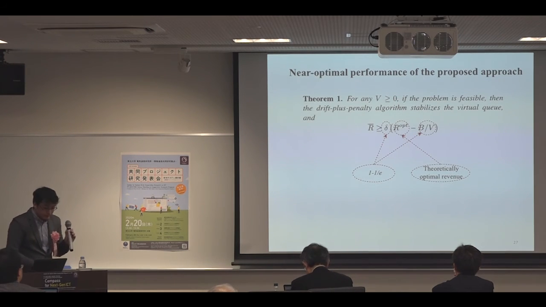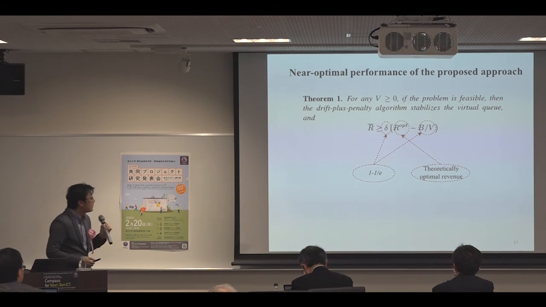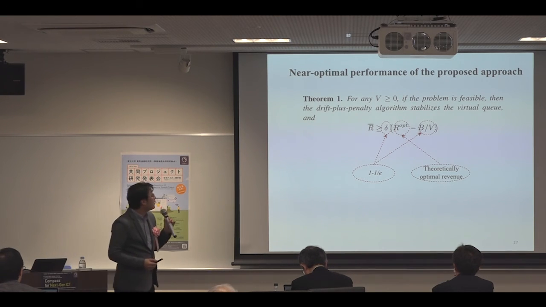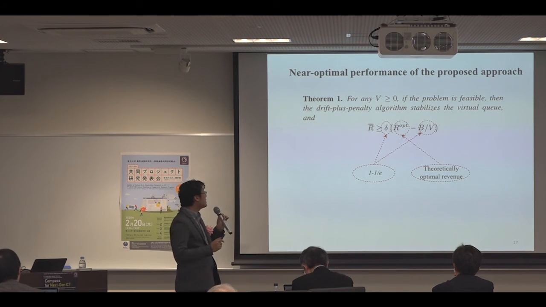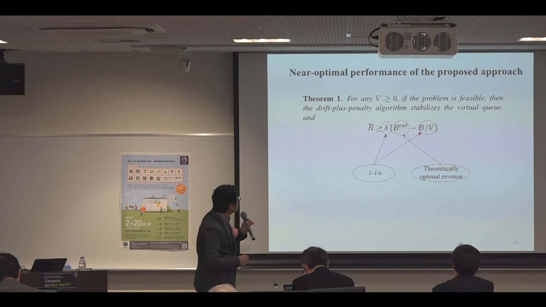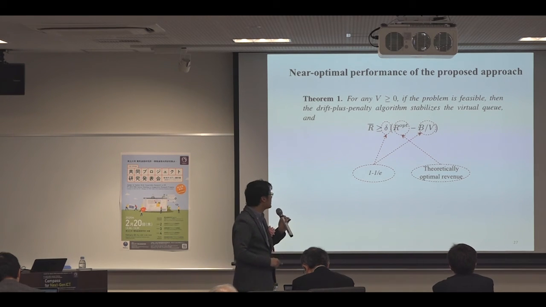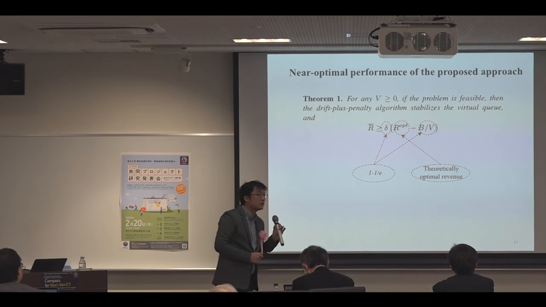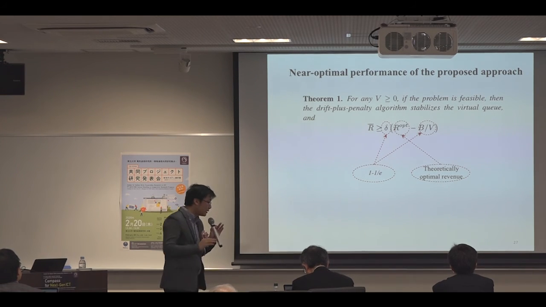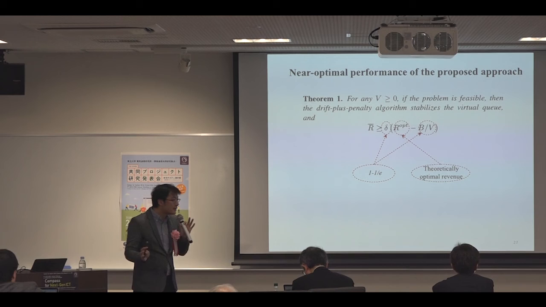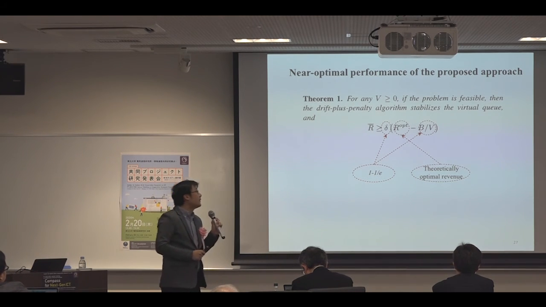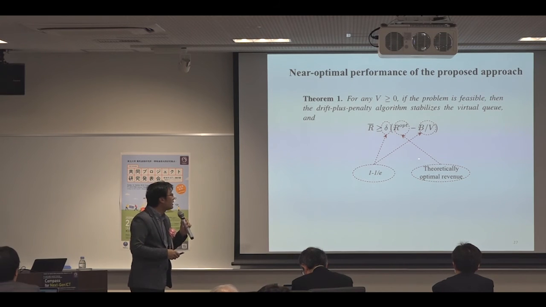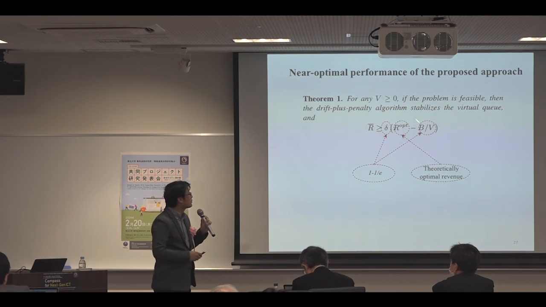This is the performance of our algorithm. Theoretically, the optimal value is unknown because the problem is just too complicated, and there is no way to tell exactly the theoretical optimal value.